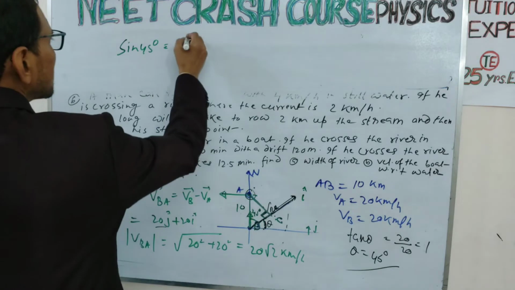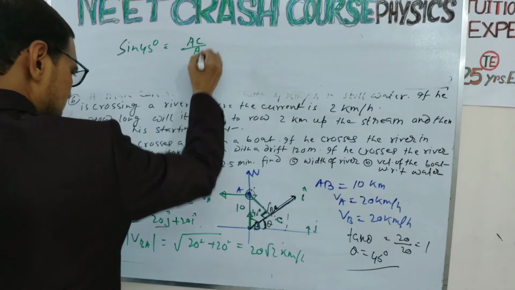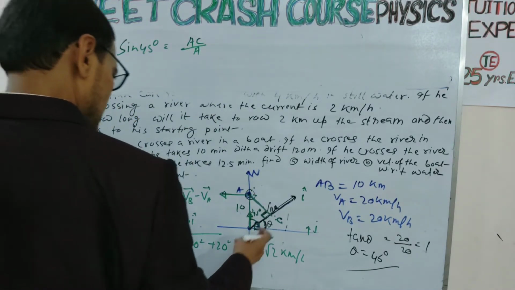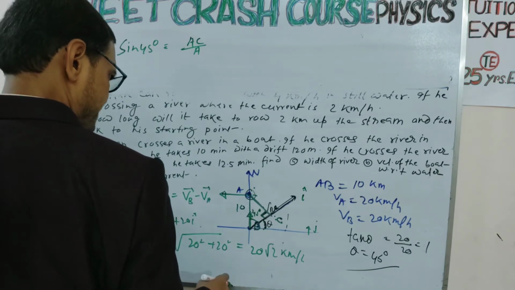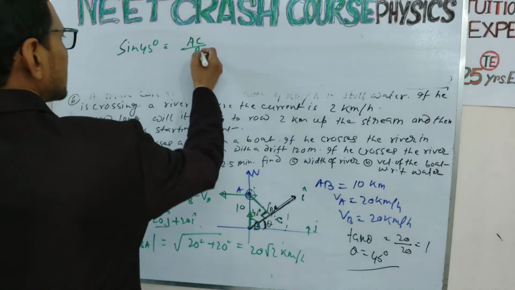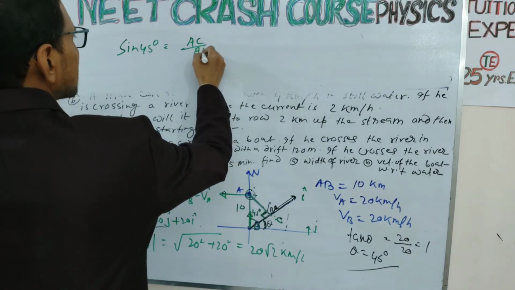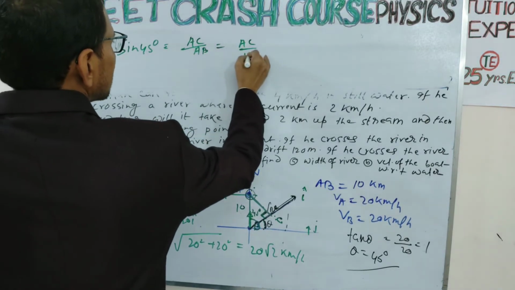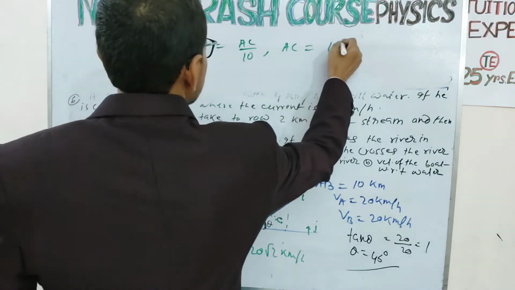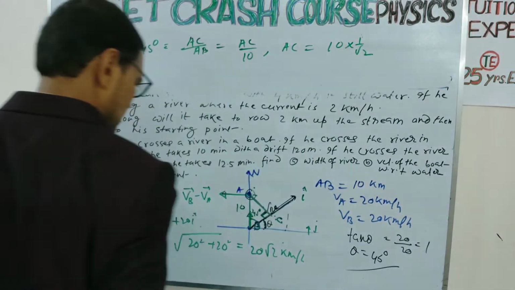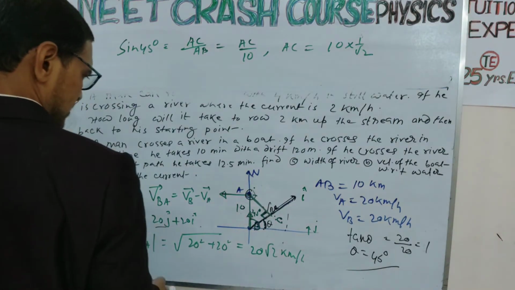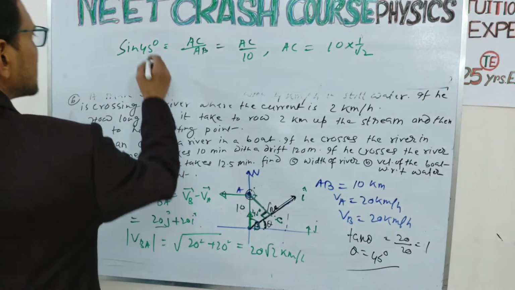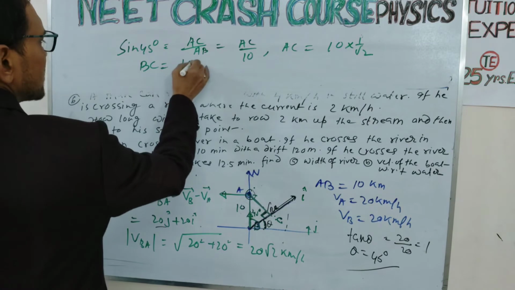Here perpendicular is AC and hypotenuse is AB. So AC by 10, so AC equals 10 by root 2. Similarly, BC equals base by hypotenuse, so BC is also 10 by root 2.